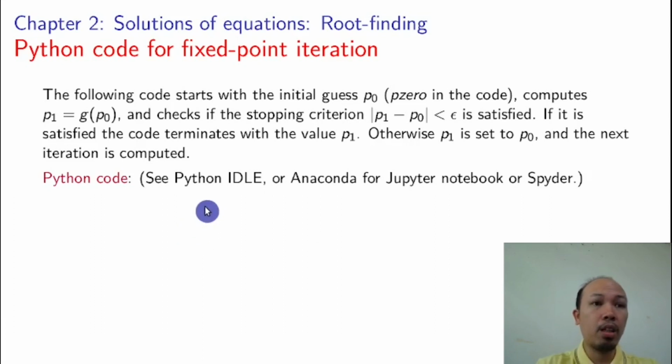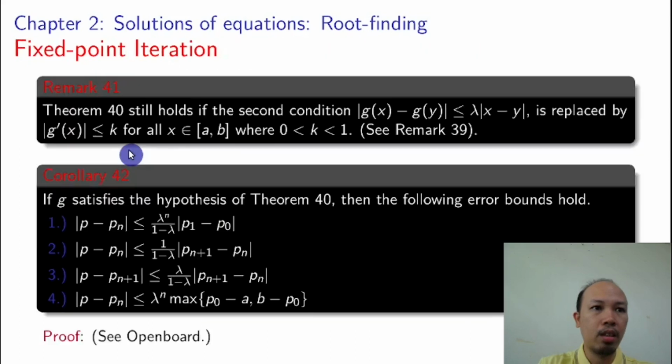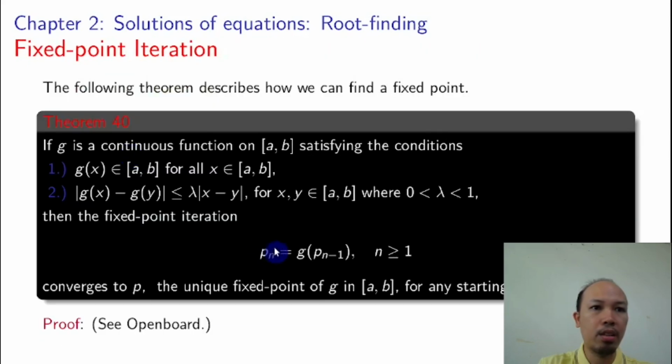You can open your Python IDLE, and notice that our guess p sub 0 will be denoted by p0, and then we compute p sub 1. This is based on theorem 40: when n is equal to 1, p sub 1 is equal to g of p sub 0.